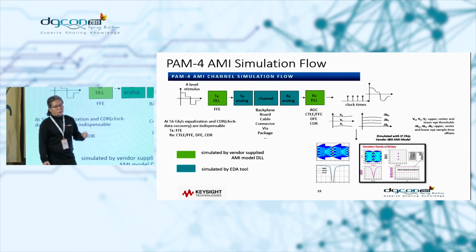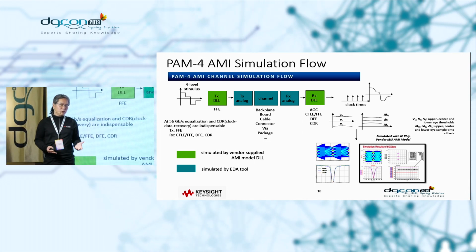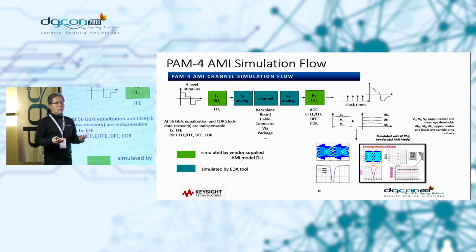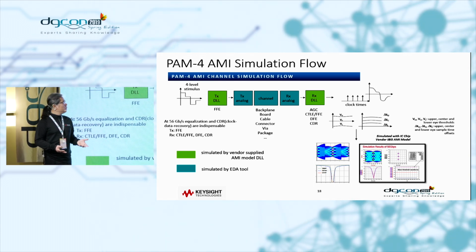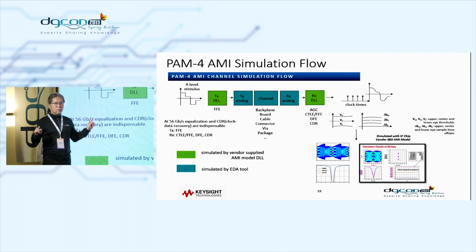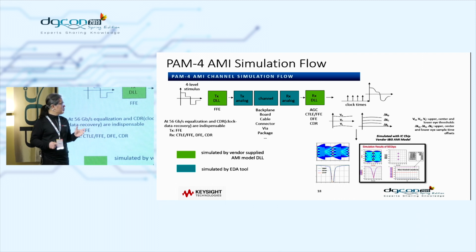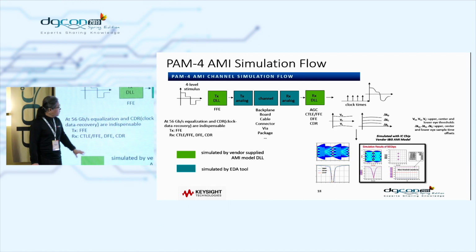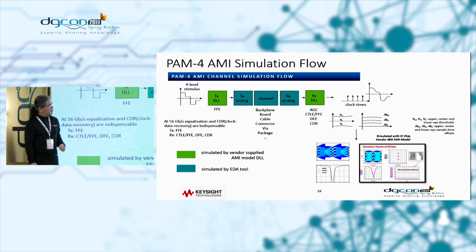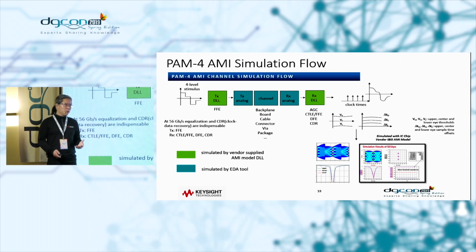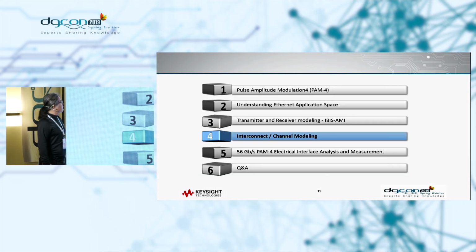But this green data is something that chip vendors will provide to design engineers so that they can represent the chip information for TX and RX properly, and then the EDA vendor will assimilate all the other things such as the channel along with those package data, right?